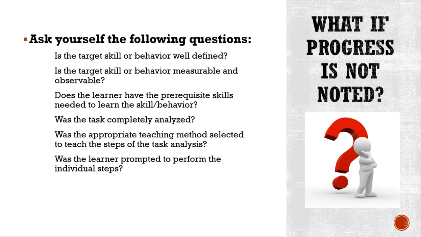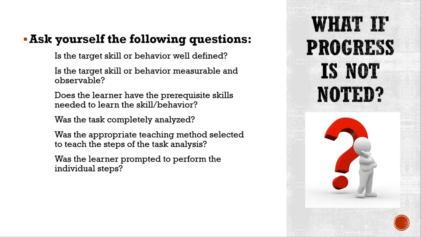So what if you are collecting your data and progress isn't noted? These are some questions that you need to ask yourself about your task analysis. You want to make sure that your targeted skill or behavior is well defined. You also want to make sure that the target skill or behavior is measurable and observable.